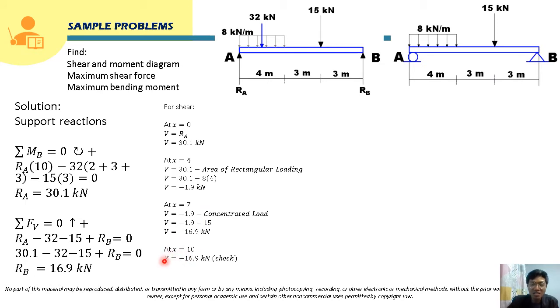The numerical value of this shear should be equal to the reaction at B, which is the reaction at the end point. So in this case, this is correct, because the shear here is negative 16.9, and the reaction at B is 16.9.